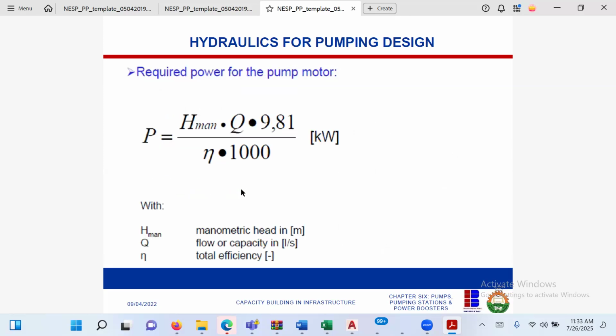So to determine the power requirement of a pump, it is simply that head multiplied by the discharge, multiplied by a factor, divided by the efficiency. So if I know the quantity of water I want to pump, and I know the head, then I can determine the kilowatts of pump required. That is what this part is talking about.